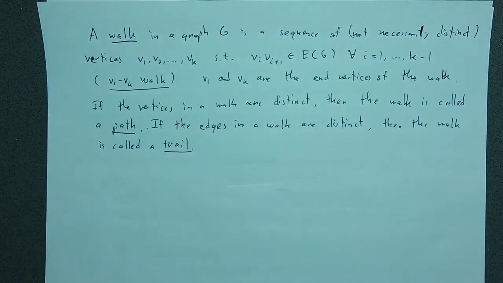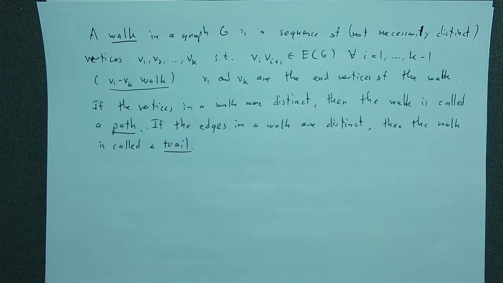Let's think for a second. If the vertices in a walk are distinct, then the edges in the walk have to also be distinct, right? There's no way you could have repeating edges if you don't have repeating vertices, right?